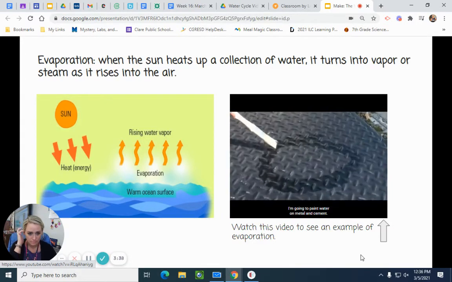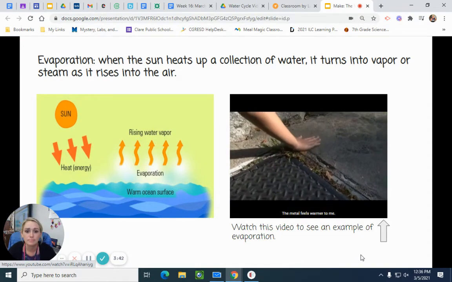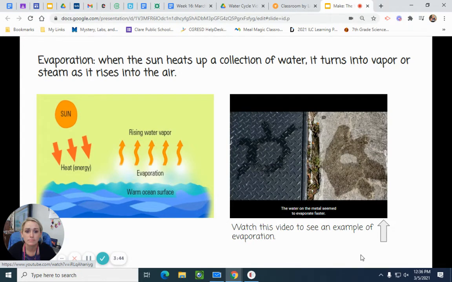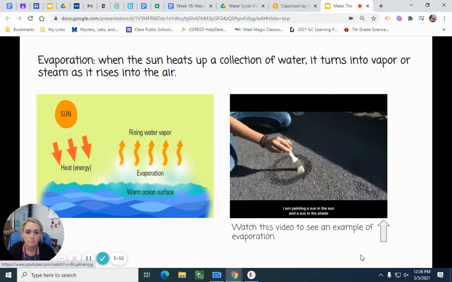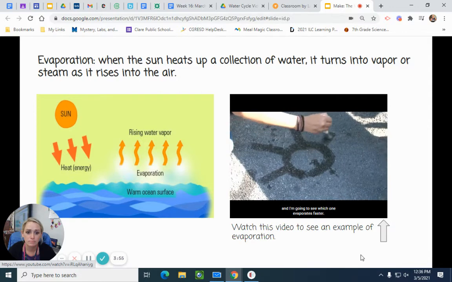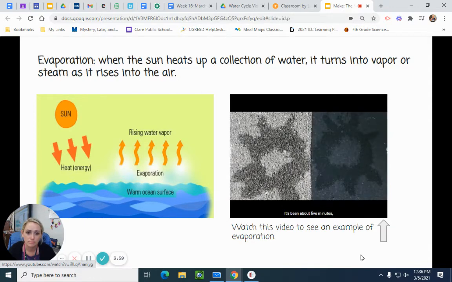I'm comparing two different surfaces. I'm going to paint water on metal and cement. The metal feels warmer to me. The water on the metal seems to evaporate faster. Maybe it's harder. I am painting a sun in the sun and a sun in the shade. And I'm going to see which one evaporates faster. It's been about 5 minutes and the one in the sun is almost gone.